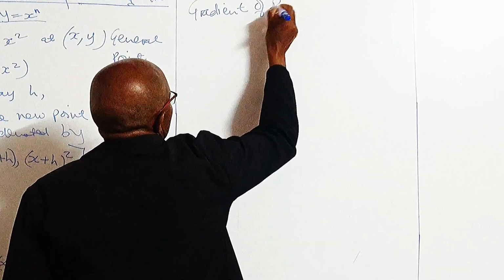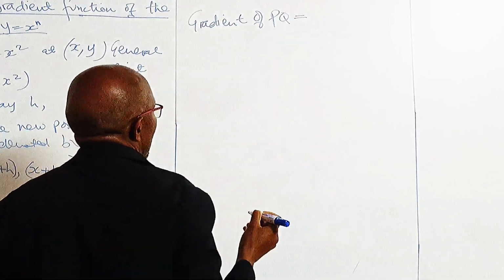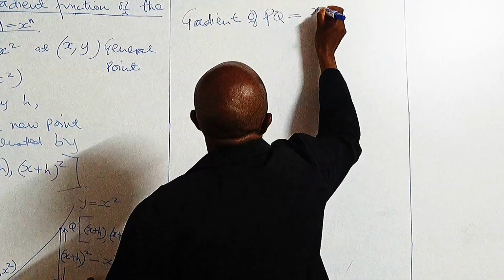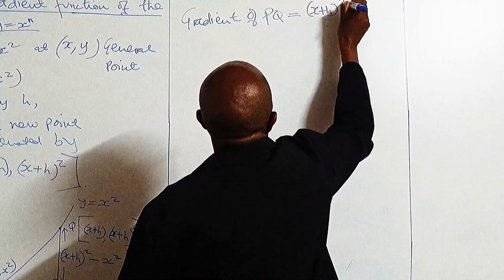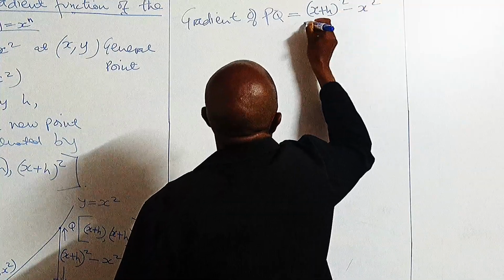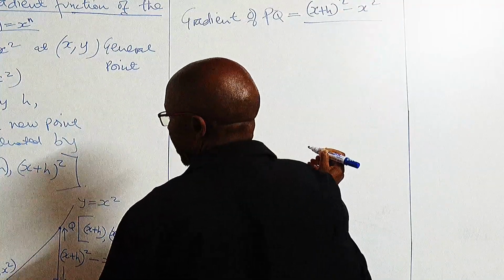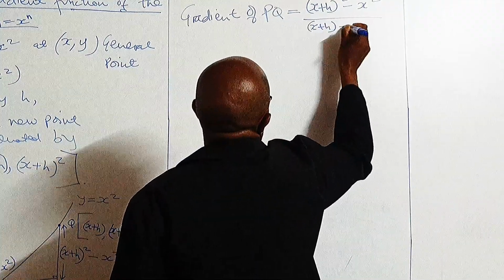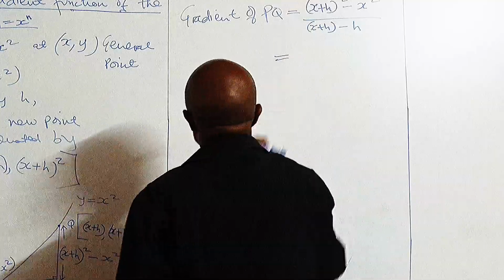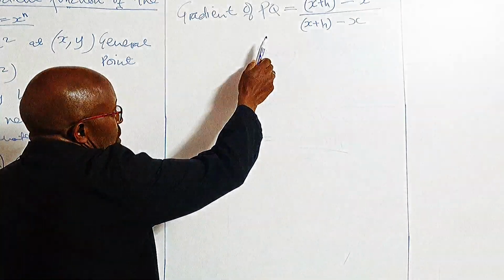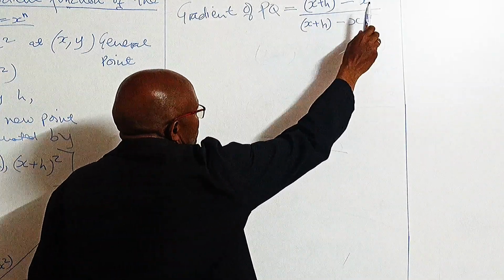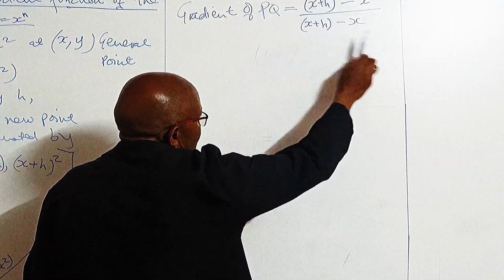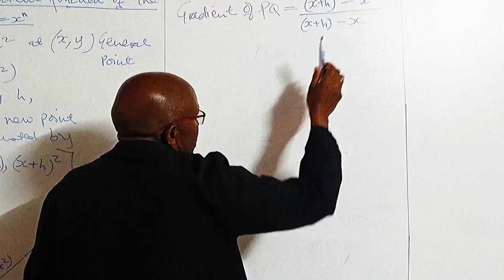The gradient of PQ will be given by the change in y, which is (x plus h) squared minus x squared, all over the change in x, which is x plus h minus x.